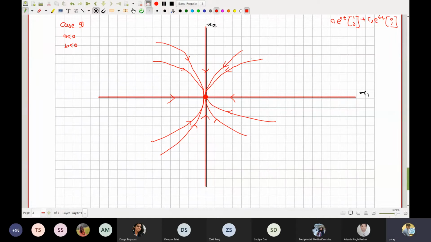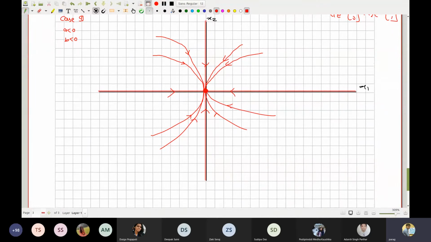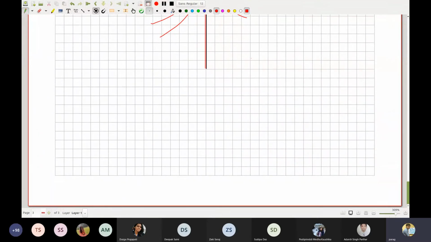Okay, but then there is another problem. Another possibility exists. The other possibility is this. Let me extend this. With the same constraint, I can draw something like this.